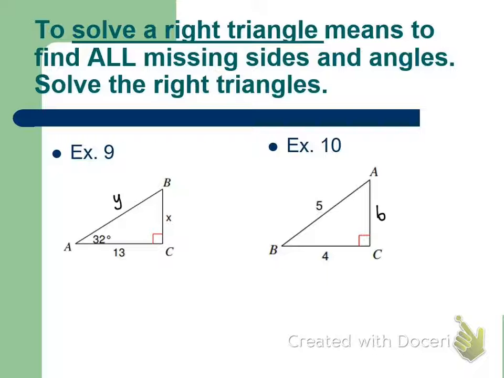Angle B. Good. We got 3 things that are missing. 2 sides, 1 angle. Angle B is going to be the easiest because all we have to do is subtract. So to find angle B, we'll just take 90 minus 32. And we get 58 degrees, so we can fill that in.